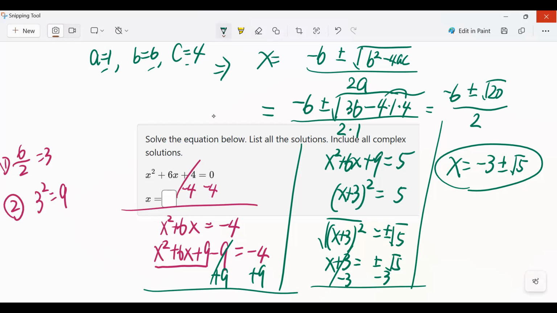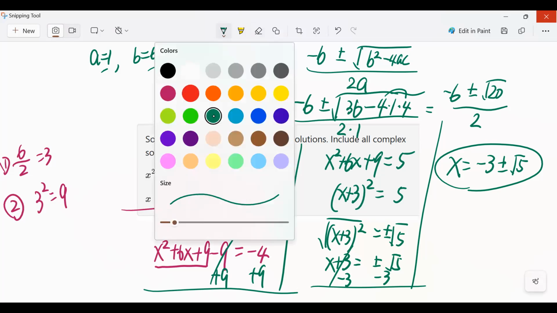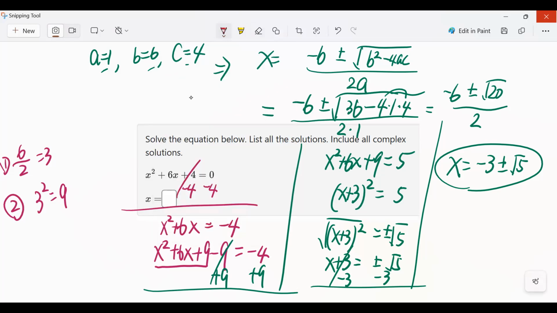4 times 4 is 16, and then 36 minus 16 turned out to be 20. Now this radical 20 equals radical 4 times radical 5, and that's 2 radical 5.